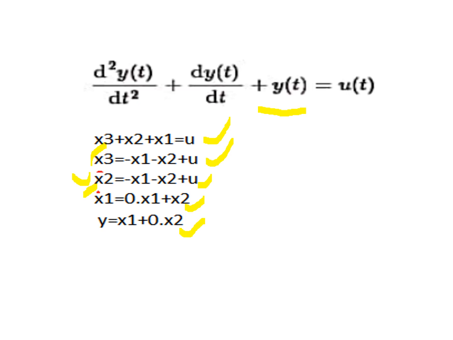By using x1 dot as well as x2 dot, we get the state equation x dot equal to A x(t) plus B u(t), and using the output equation, we get the output equation of the state model.